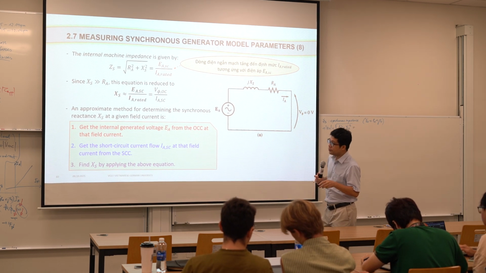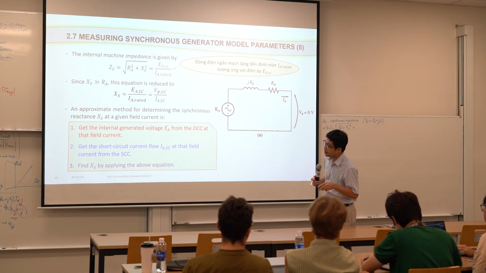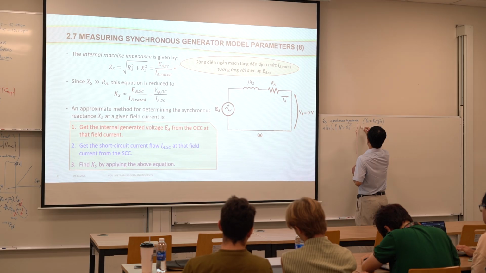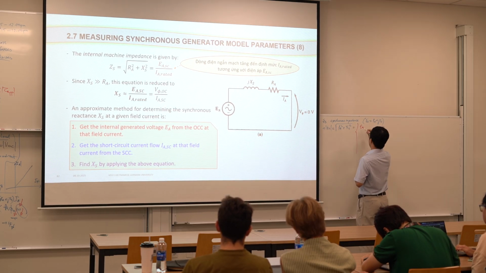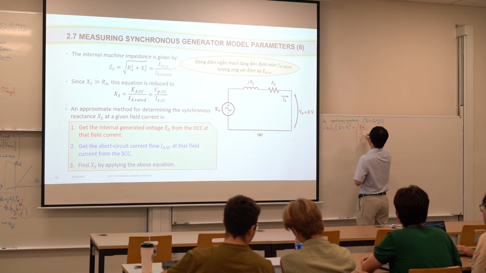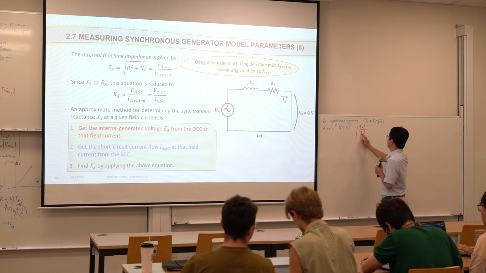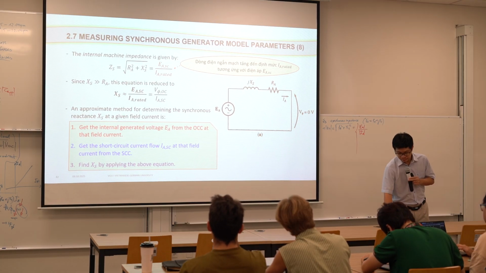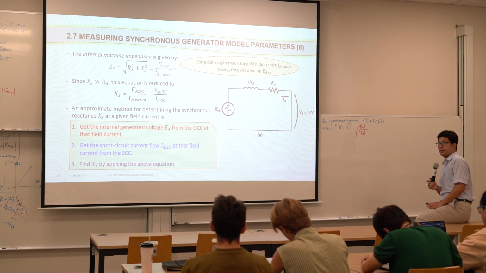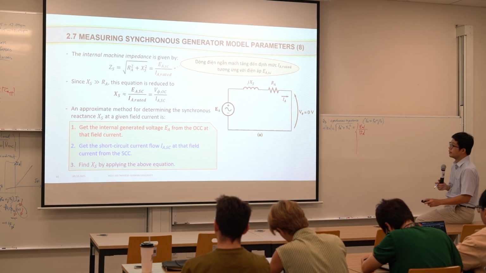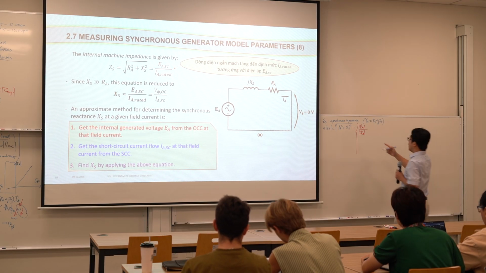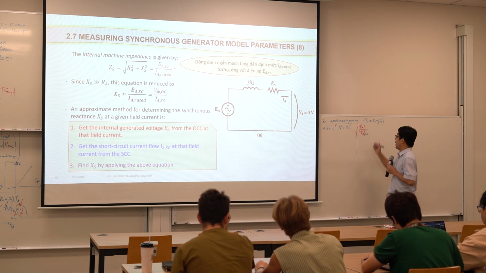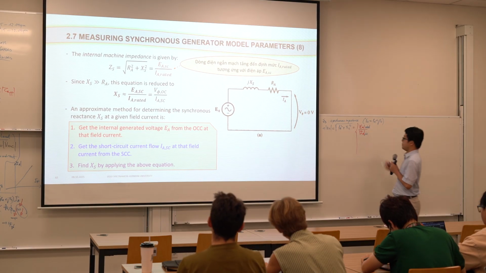So if we come to this equation, we have EA over IA. Do you agree with me? Yes. Okay. But now here is a short circuit, and this one is rated.